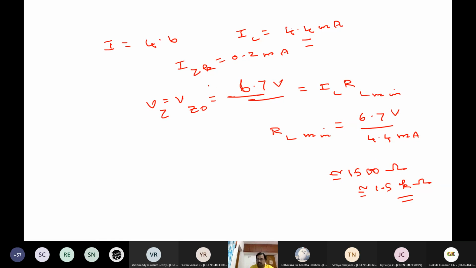Smaller than this will not allow it; if I use a smaller one, all of the current will go to the diode. So we did a problem with 0.5 kilo ohm. We saw that the current then, IL, was 13.6. This is for RL equal to 500 ohms. When I increase RL to be 1500 ohms, I can get 1.5.